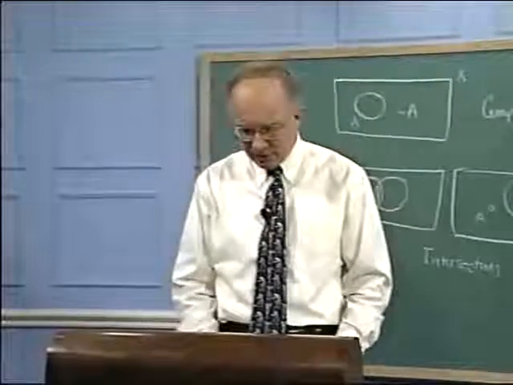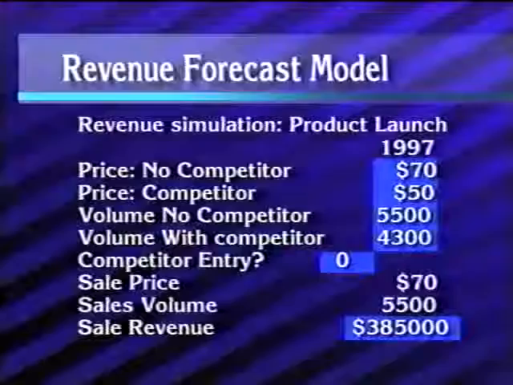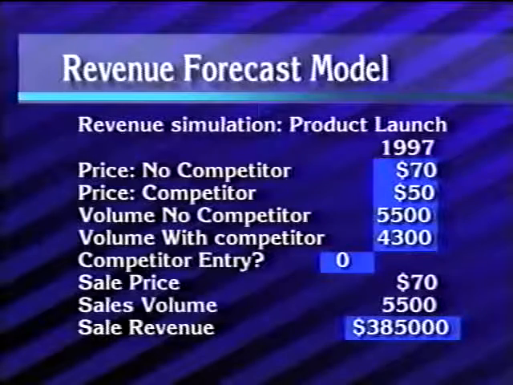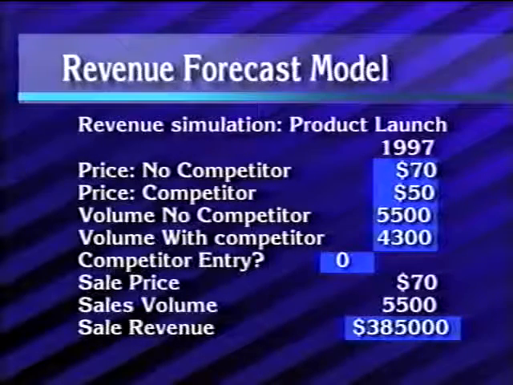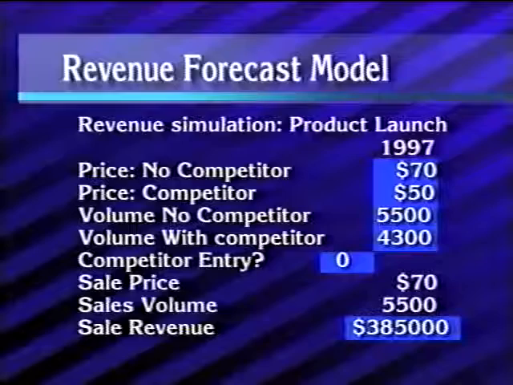Now, let's illustrate this in some detail. Let's talk about a revenue forecast model. And in the revenue forecast model, you'll notice that we're simulating a product launch. Now, here are my assumptions. The first assumption is, what will I be able to charge if I have no competitor enter my market?